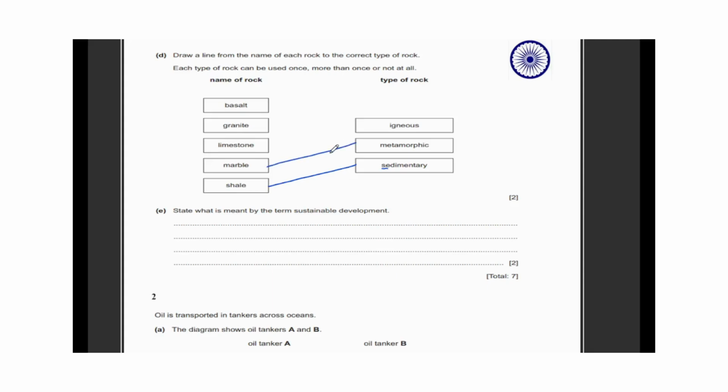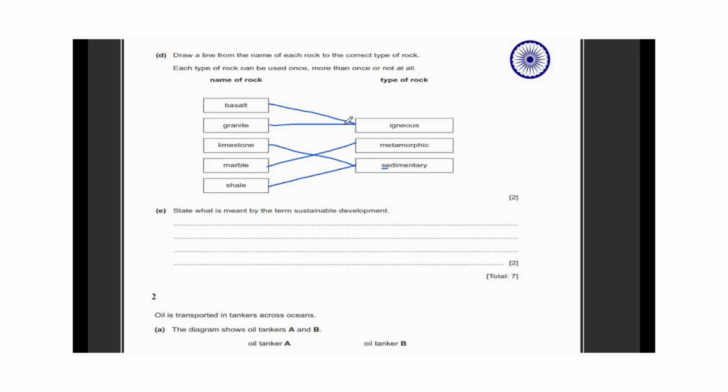Limestone, again, is a sedimentary rock. Granite is igneous. What about basalt? Basalt is also an igneous rock. Please remember not to draw arrows. This is a very simple one. Basalt, igneous; granite, igneous; limestone, sedimentary; marble, metamorphic; and shell is also a sedimentary rock here.